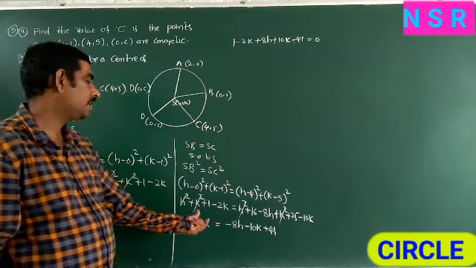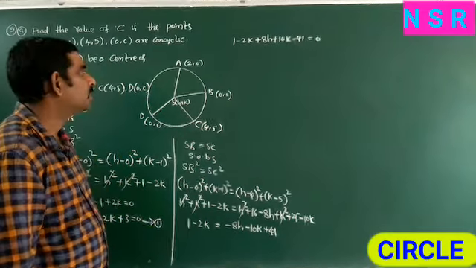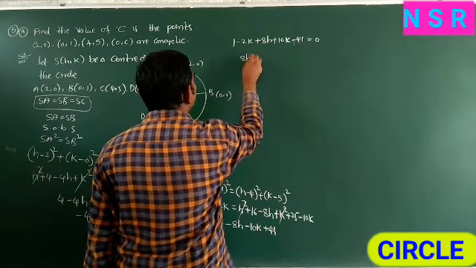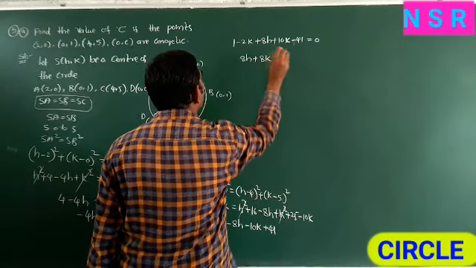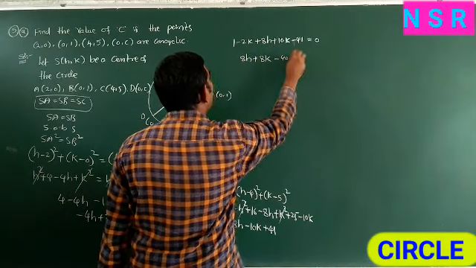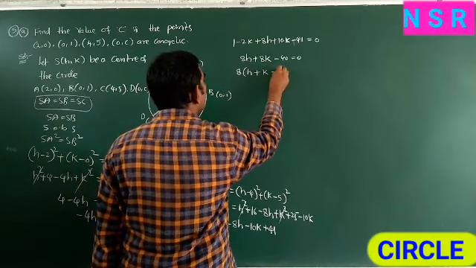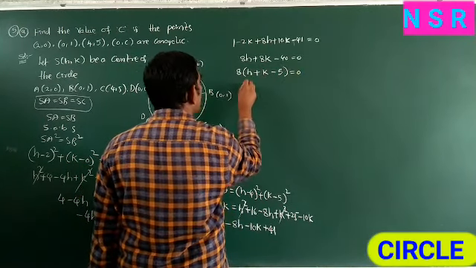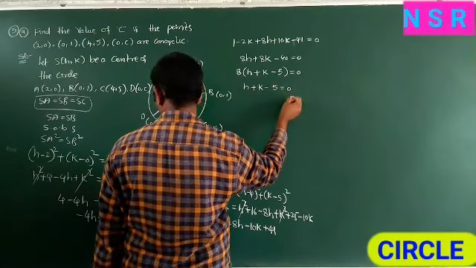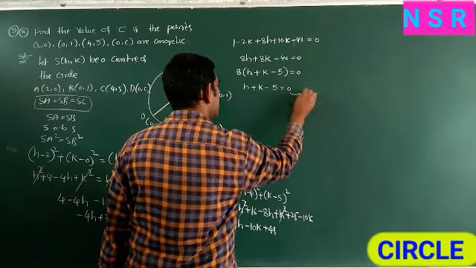So minus 8h becomes plus 8h, minus 10k becomes plus 10k, plus 41 becomes minus 41 equal to 0. So 8h plus 8k, 1 minus 41 is minus 40 equal to 0. Take 8 common: h plus k minus 5 equal to 0. Take it as equation number 2.